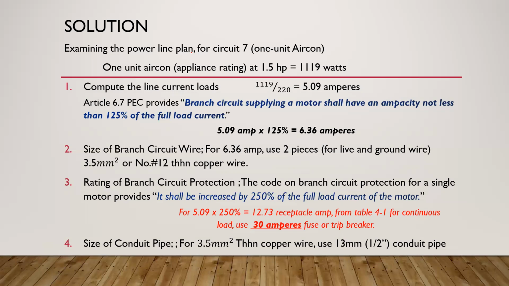So we have a full load current of 5.09. We multiply it by 125%, and we have a value of 6.36 amperes. So this 6.36 amperes falls in our 20 amperes.